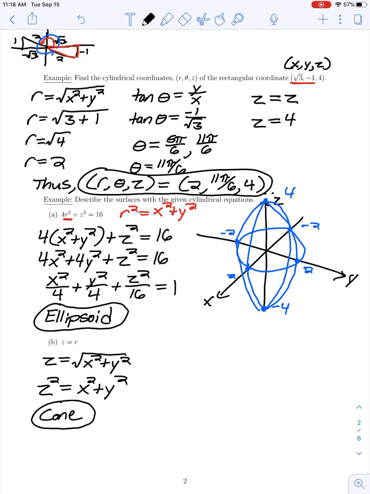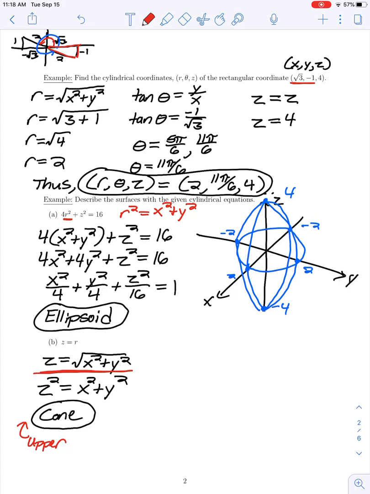In particular, I need to be a little bit careful. So here z was given by r, which was this positive square root of x squared plus y squared. So since z is the positive square root here, we're really referring to an upper half cone.